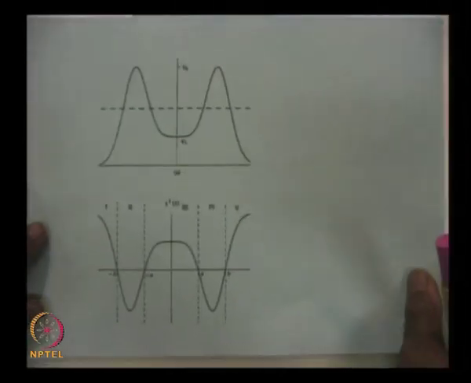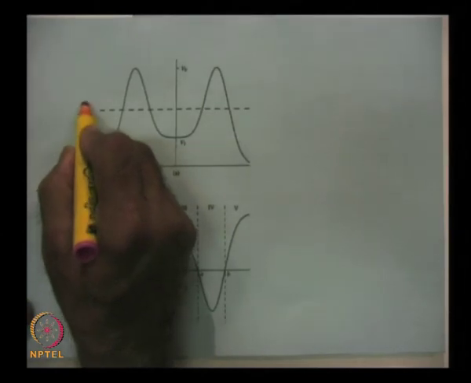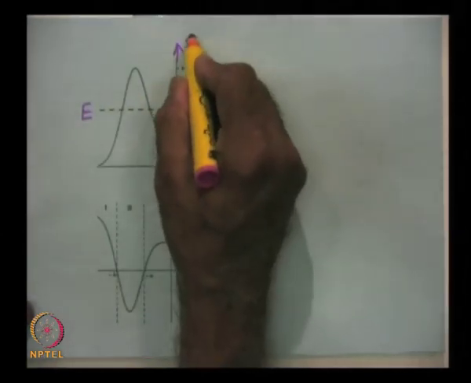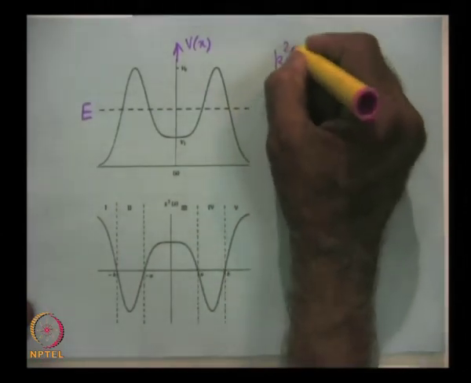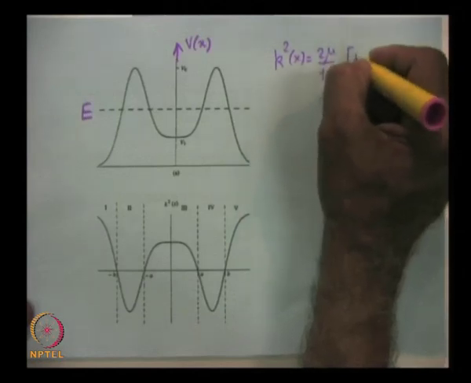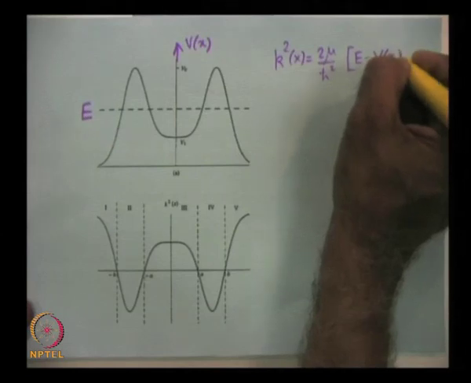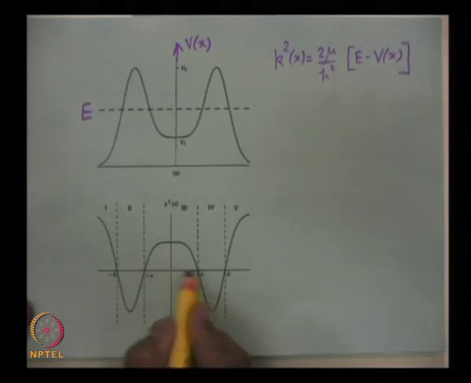What I wanted to tell you today is that if we have a double potential like this, which has 2 peaks like the one that I have shown here, and I assume an energy E and V of x varies like this, then the corresponding k square of x is once again 2 mu by h cross square times E minus V of x, and it will be something like this. So, there will be 4 turning points now.